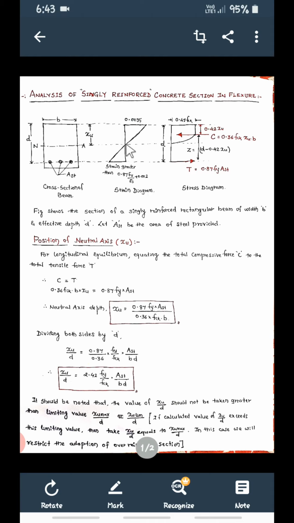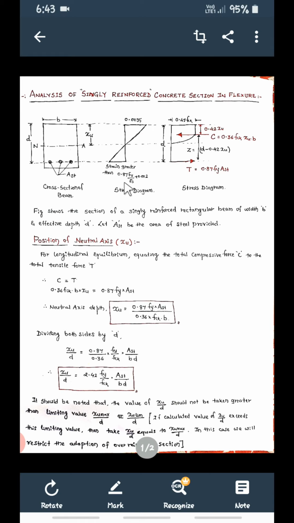Now see the neutral axis. Exactly at the neutral axis, there is no strain. As you go above, strain increases, and the maximum strain at the top compression fiber will be 0.0035. In the previous article we have seen the maximum strain in the concrete is 0.0035. And what is the maximum strain in the steel bar?